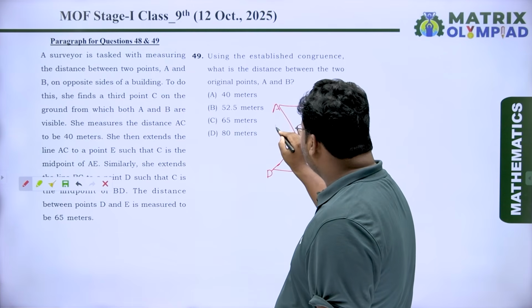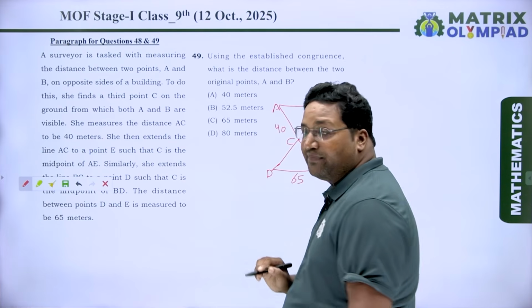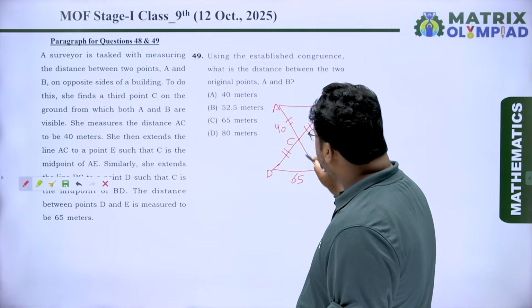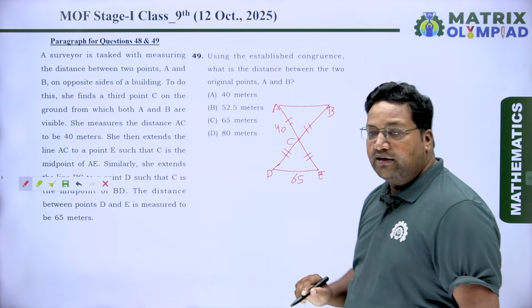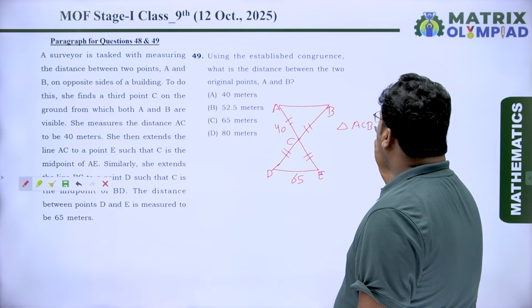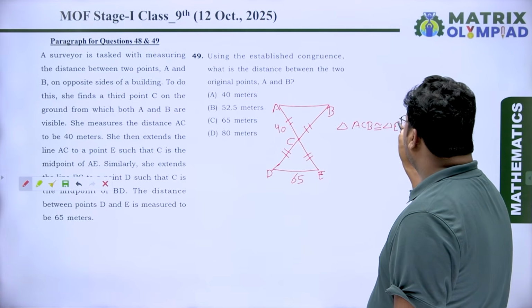Here you can see AC is given as 40 meters and DE is given as 65 meters and DC is equal to BC and AC is equal to CE. So here you can see triangle ACB is congruent to triangle ECD.